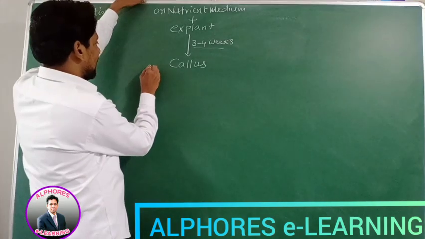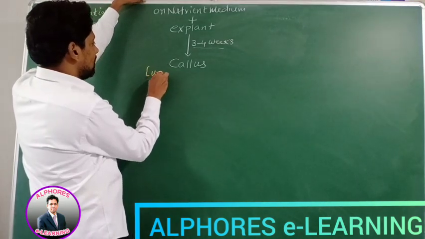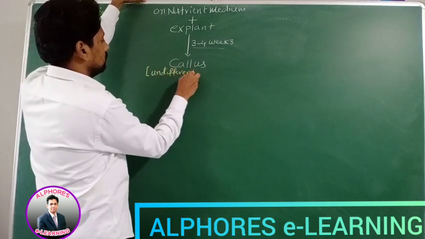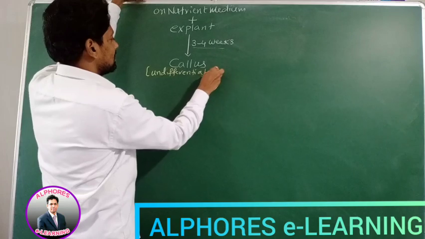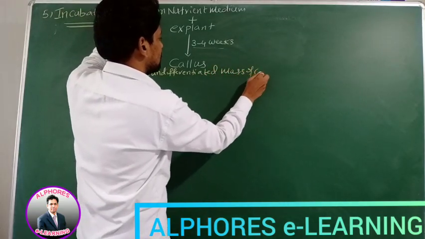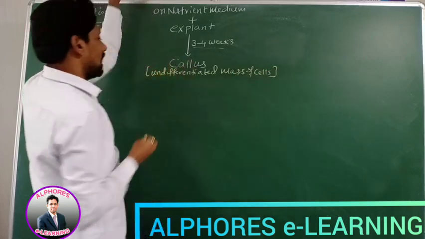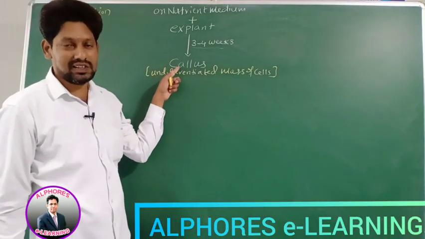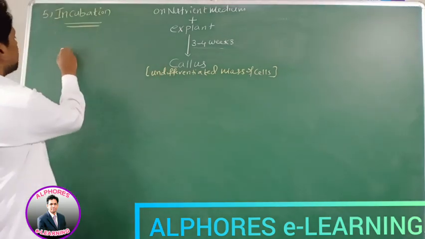Therefore callus is an undifferentiated mass of cells. Now you tell me, what is the meaning of thallus?